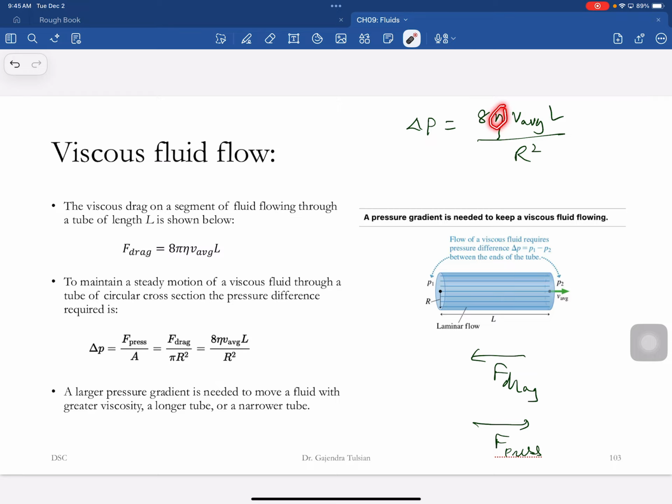Greater the viscosity, greater the pressure difference you have to maintain. Harder your heart has to work, harder those pumps in Alaska have to work. That is money. So to save money when you're pumping oil in Alaska, what do you do? You try and reduce the viscosity.